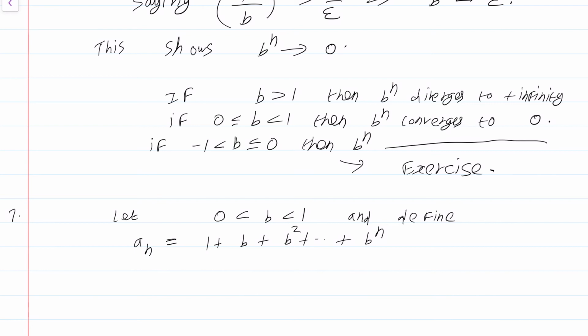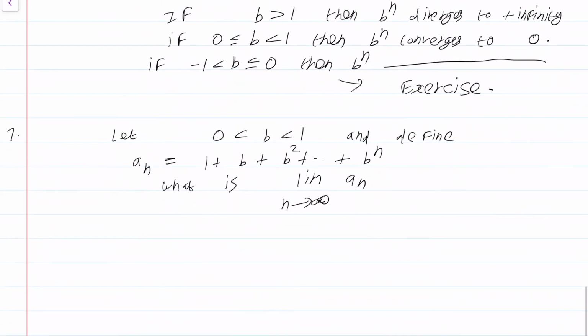What is the limit of a_n as n goes to infinity? All of you know the answer. It's just 1/(1 - b). This is called the geometric series. 1 + b + b^2 + ... and so on all the way up to infinity is called the geometric series.